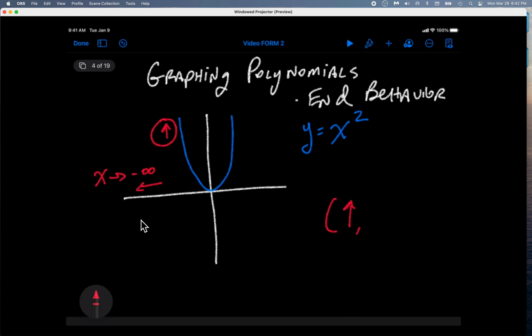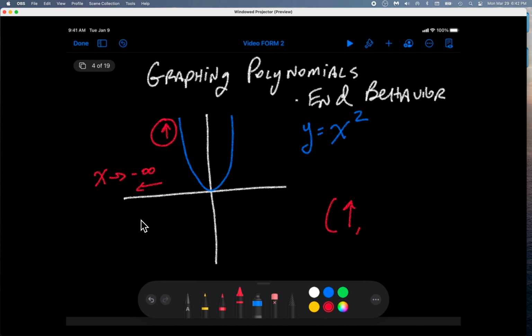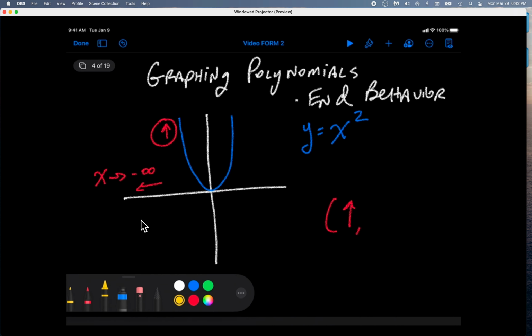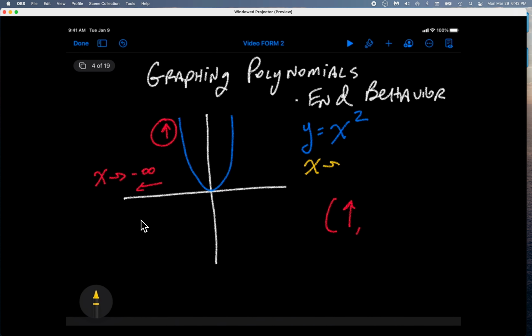The same graph, as we move to the right, as x approaches positive infinity, y is also increasing. So we say that this graph is considered up and up. Up as x approaches negative infinity, up as x approaches positive infinity.